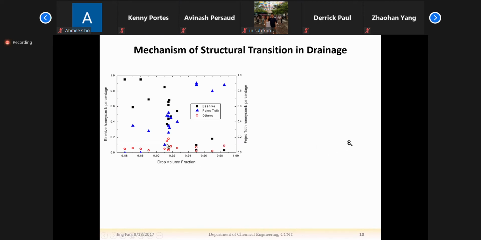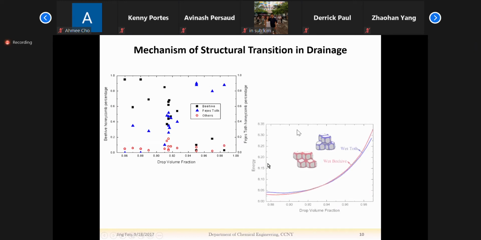That's common. So this transition volume fraction from experiment is about 0.915, but from completely pure theoretical modeling prediction, it is about 0.93. So this is reasonable. This discrepancy is reasonable between simulation and experiments.